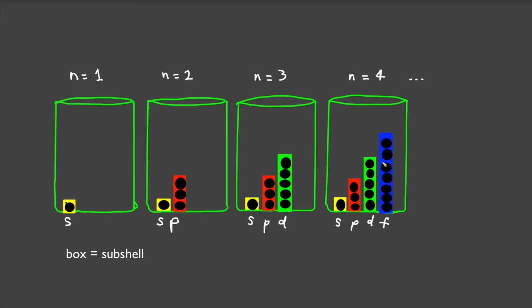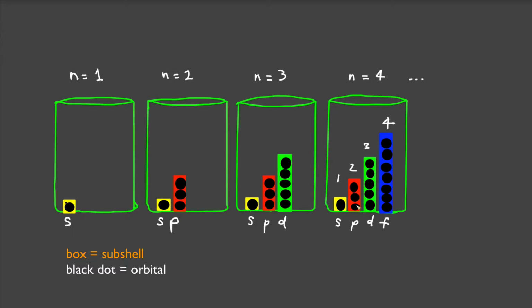What are the values of L and M sub L for the orbitals? Well, this is easy. S, P, D, and F. Right, the next one is, how many orbitals are there? Well, that's quite easy to answer too, because I know that each orbital is represented by a black dot.